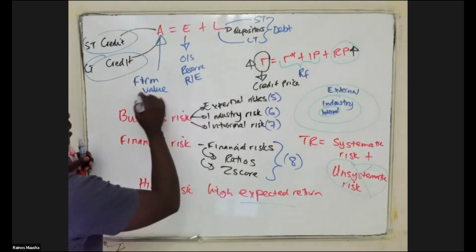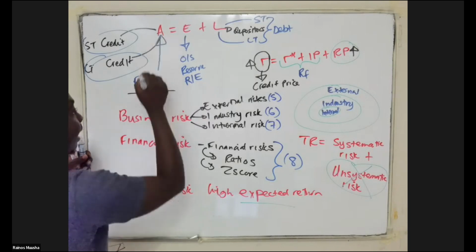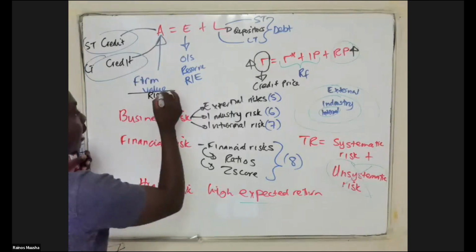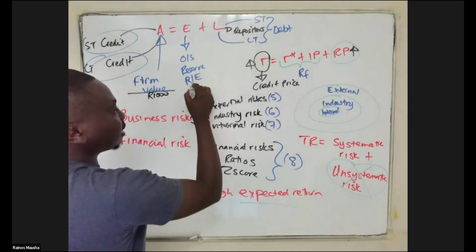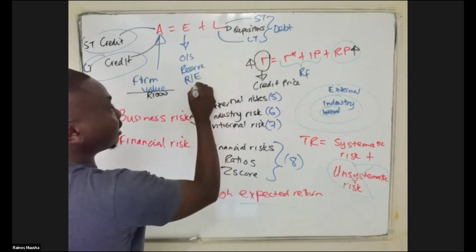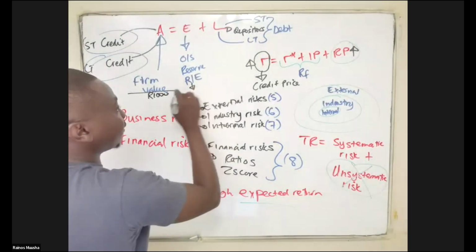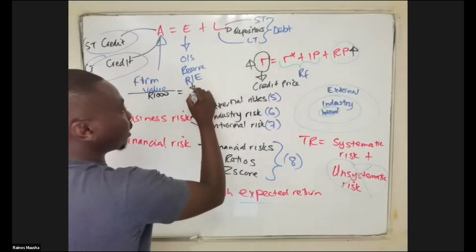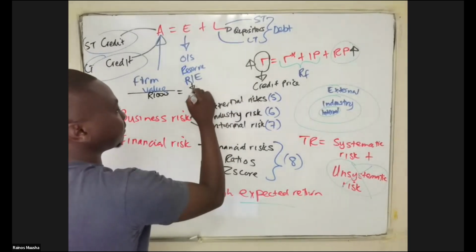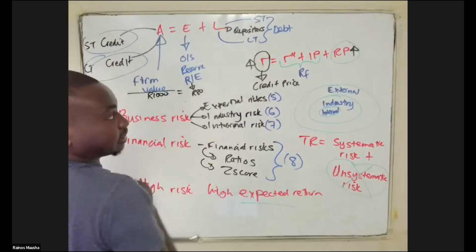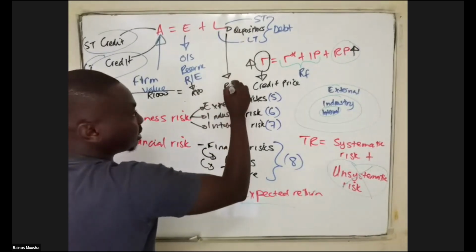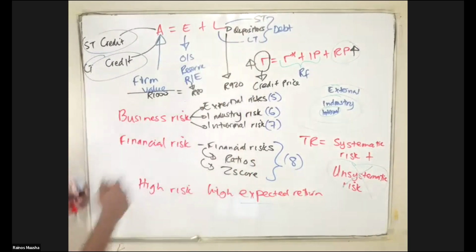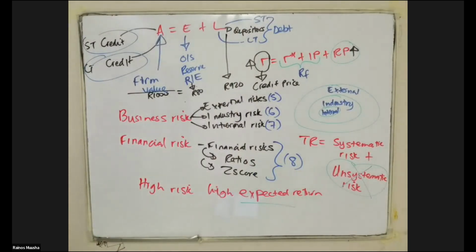For example, say we have assets which are worth 1,000 Rand, and they are financed by equity which is worth, let's say, 80 Rand. And then the other 920 is coming from debt financing.